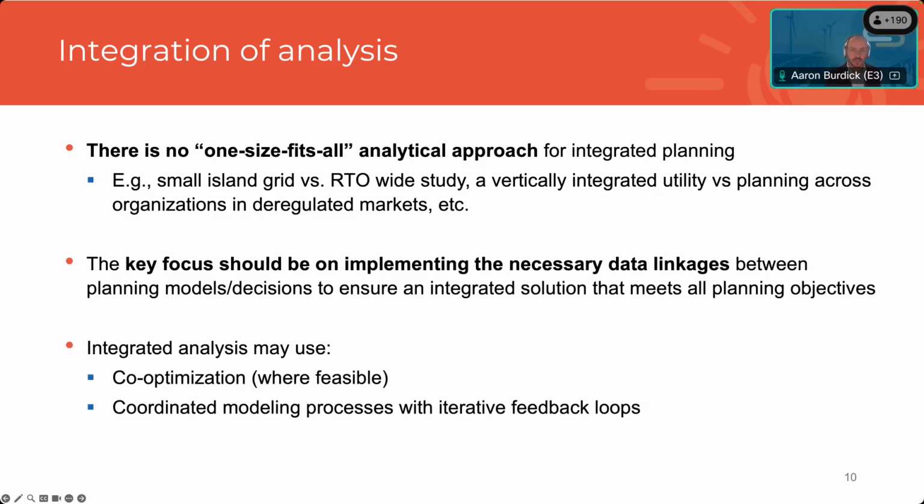So things are going to look much different for a vertically integrated utility versus a deregulated market. But the focus should really be on implementing the necessary data linkages between models. And this integrated analysis can use co-optimization when that's feasible. We'll be talking more about that when we return to the 3rd paper in this series. And it can also use iterative coordinated modeling processes.